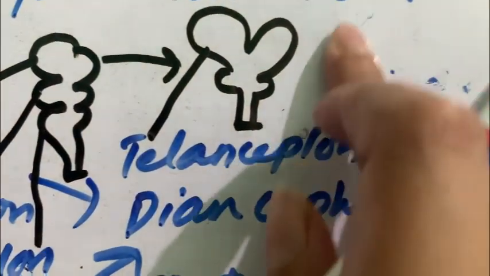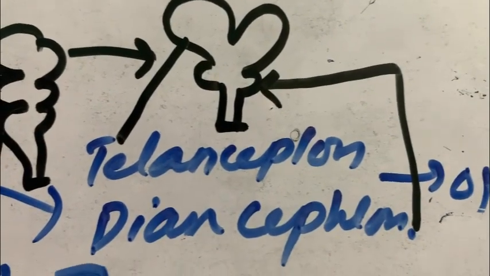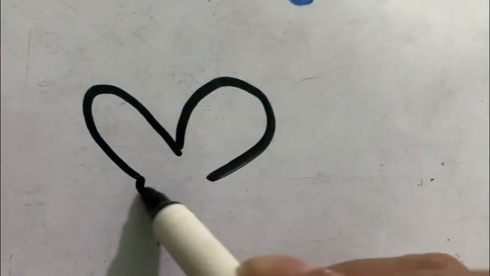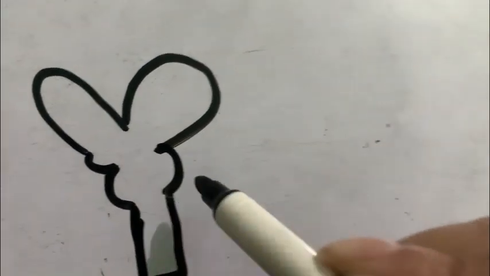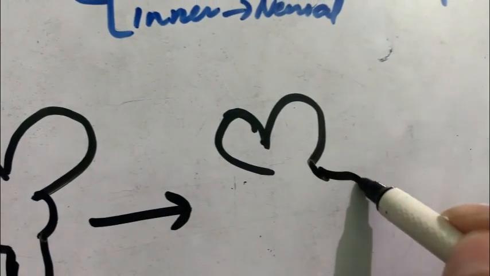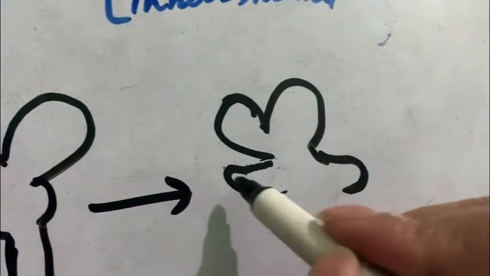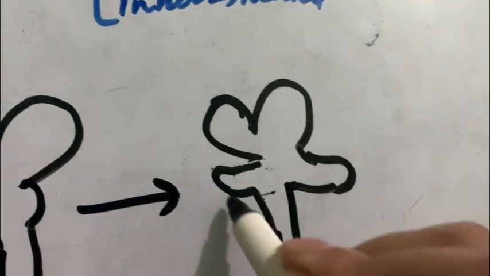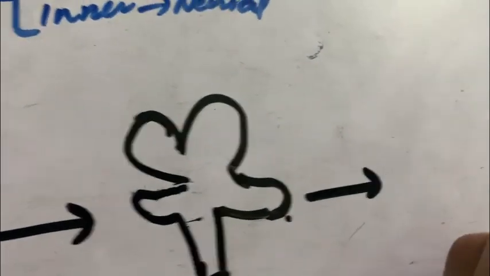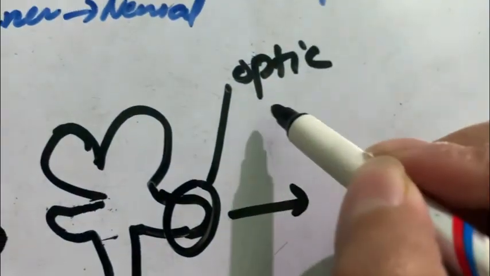This part is called telencephalon, and this part is called diencephalon. This diencephalon starts forming a vesicle, two vesicles on both sides, and this vesicle is called the optic vesicle.